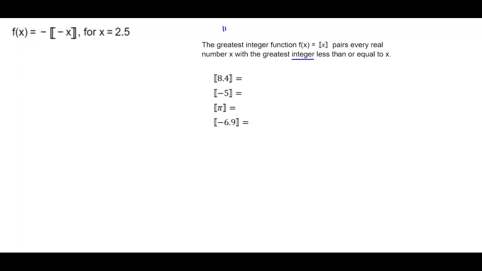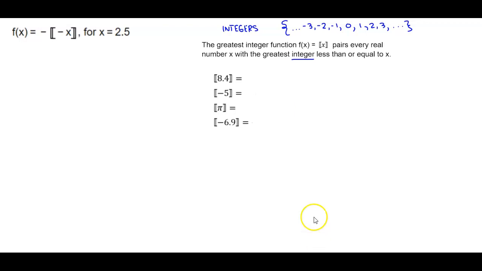Remember that integers are the negative numbers, 0, and the positive numbers. Integers do not include decimals. It's either negative, 0, or positive values.